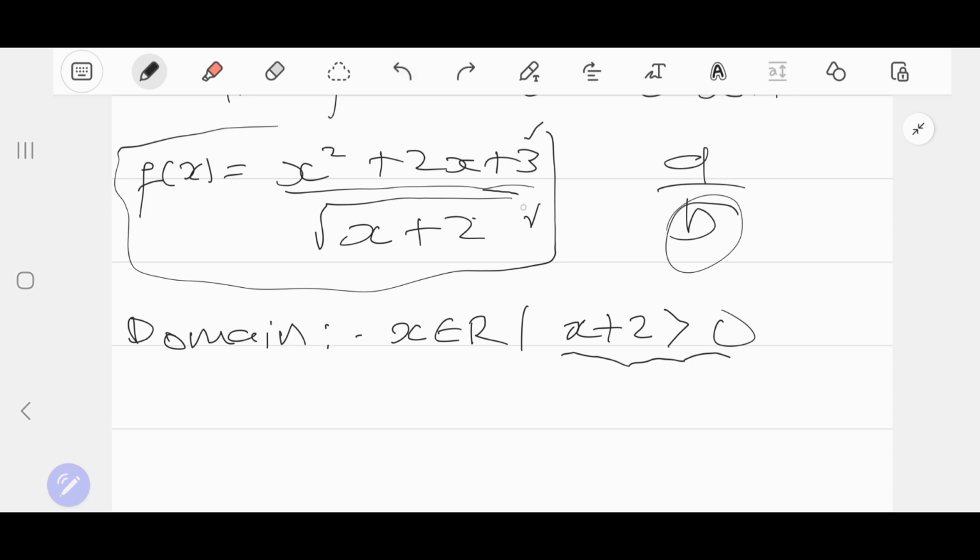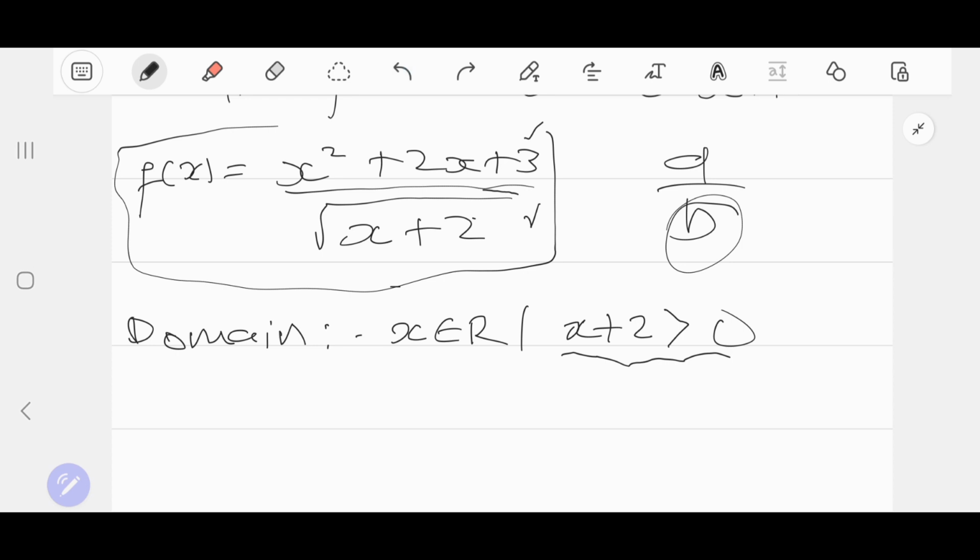But since the whole of this thing is a denominator, the 0 part is also excluded, it's left out. So it must be only positive. So it's when x is an element of real numbers such that x plus 2, which is the function that you find under the radical sign, which is a denominator, must be greater than 0, not greater or equal to 0, because when it's equal to 0, the whole of this thing will be undefined, then you'll be wrong. That's not your domain.